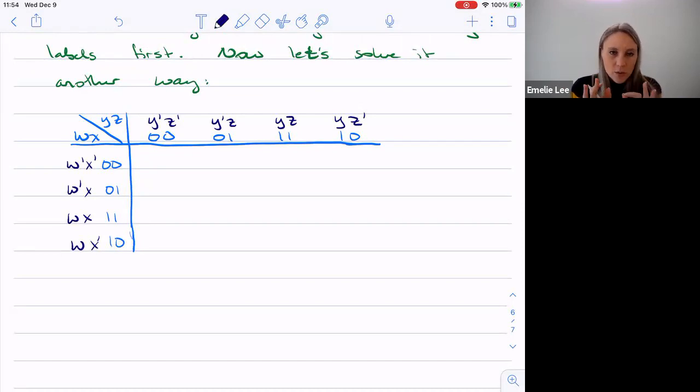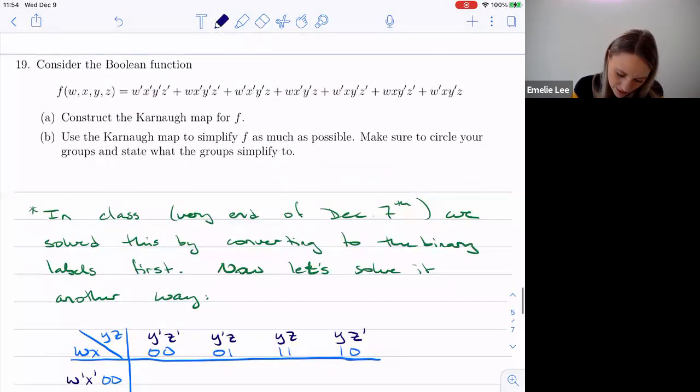Instead of this, I can easily convert these to the binary labels, and for me that's the easier way to do it. But I understand that that's a little bit of a longer way, so I get it if you don't want to do that. So here, what I need to do is put a 1 in the box that corresponds to all the primes.